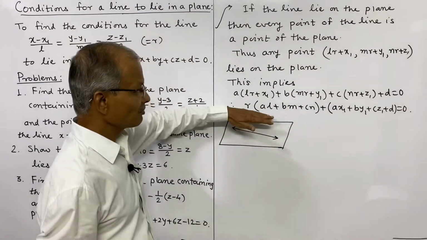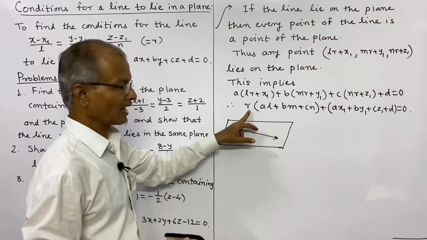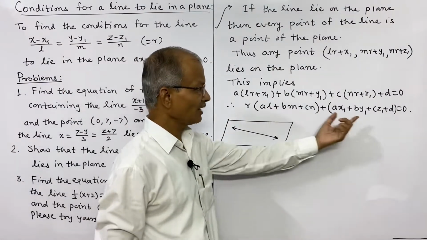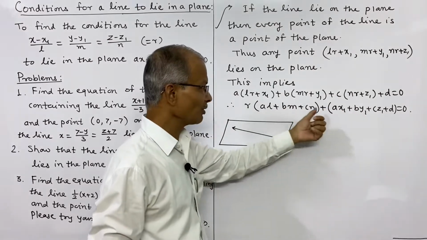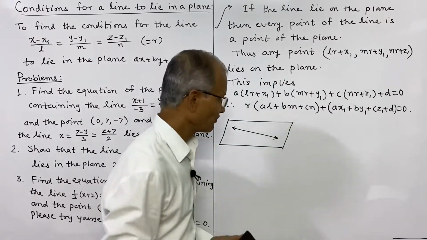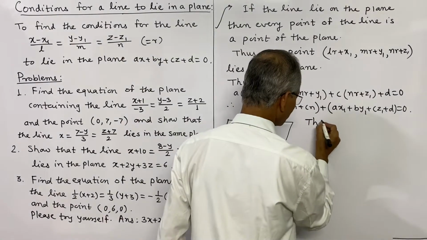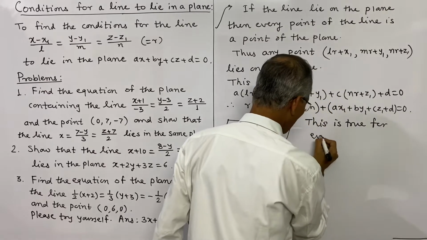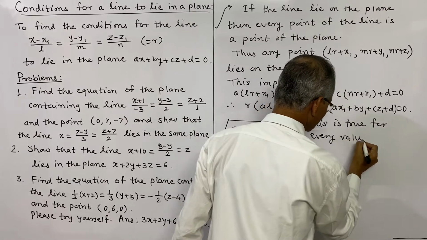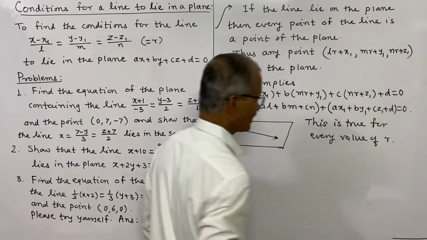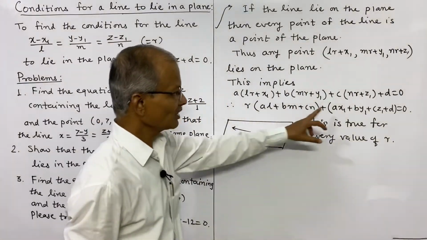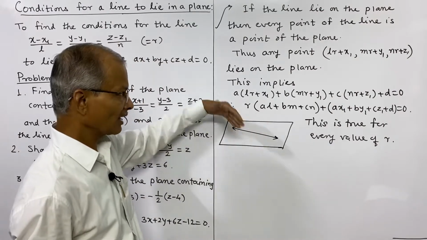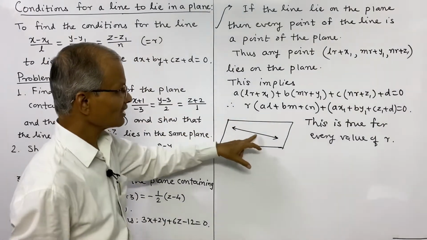Now this equation must be true for every value of r, and this is possible only if this bracket is 0 and this bracket is 0. Then r into 0 plus 0 is equal to 0, which is true for every value of r. This implies both brackets must be 0, because r is not fixed and can change. As the point changes, the value of r changes.